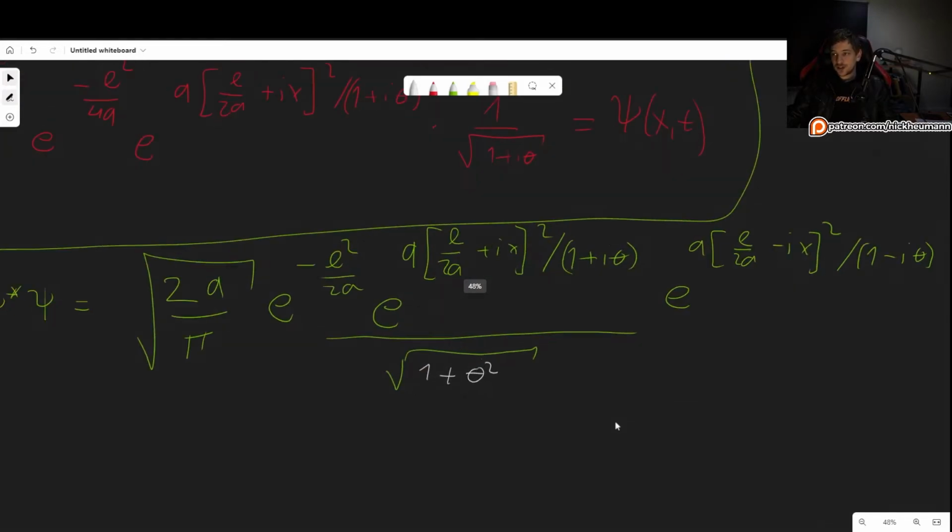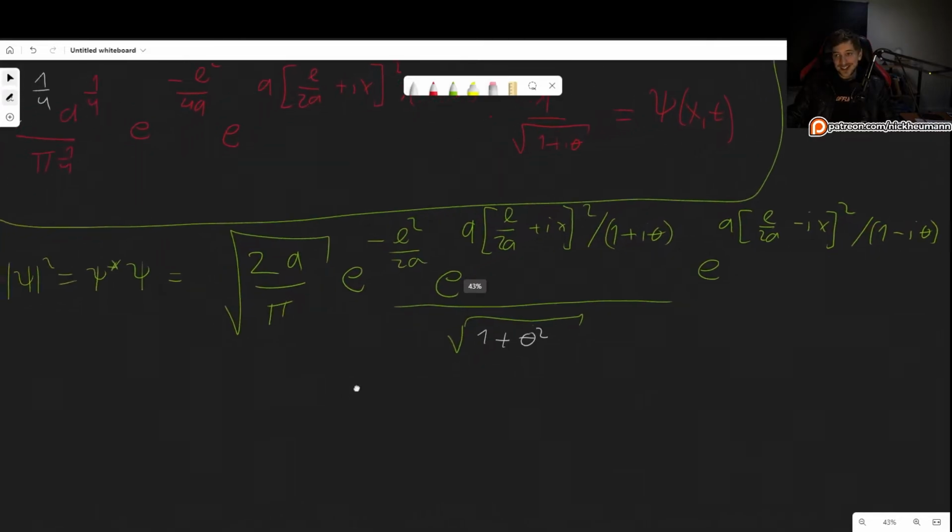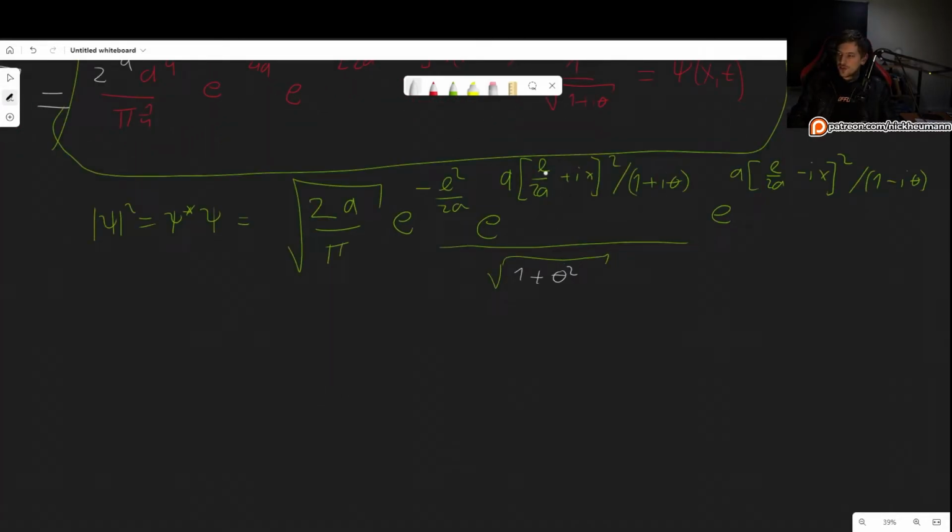In principle, this is already done, but of course we want something that is as simplified as possible. So for that reason, we now want to start working with the exponents. Let's focus first on the part that has the i's. We can leave this constant for now, and we will just add it at the end. So the exponents with i, basically these two.